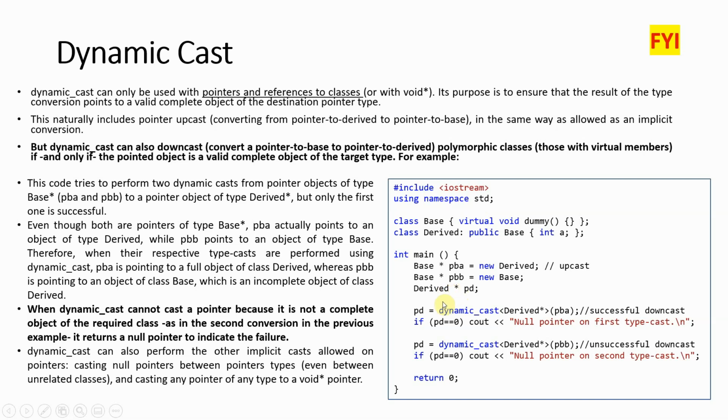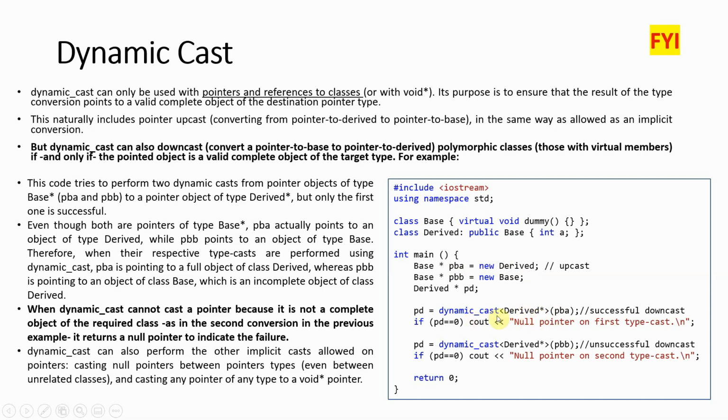Now let's look at this one. I want to assign PBA to PD. This one is Base star, this one is Derived star. But let's look at PBA. PBA is pointing to a derived object. So I can dynamically cast PBA to a Derived star pointer.